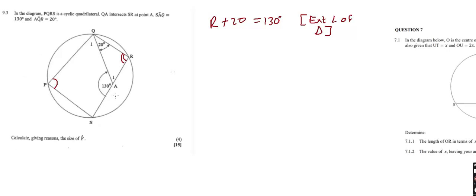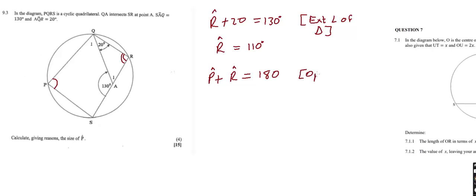But you are free to first find A1, and then after finding A1, use the sum of angles to find R. I'm just doing the shorter version of it. So this is going to be 130 minus 20, which is 110 degrees. So P plus R, like we had said, is equal to 180 degrees.